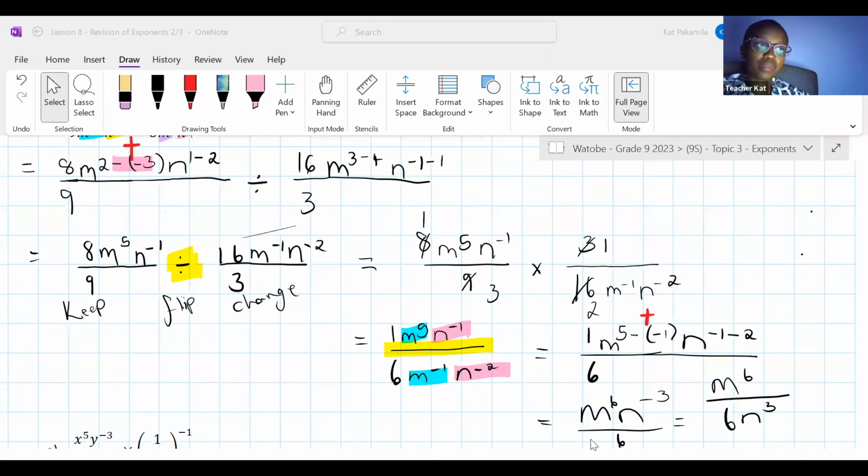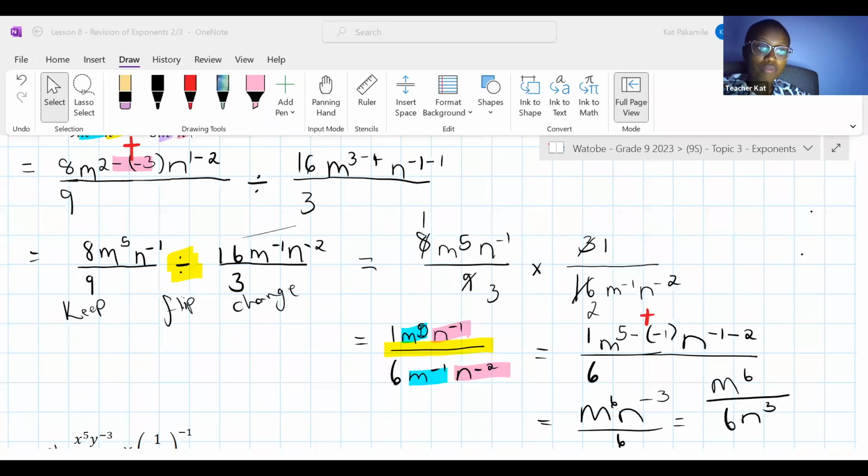Hi, ma'am. Ma'am, you lost me where you said 1m to the power of 5 n to the power of negative 1. The step before? From there.